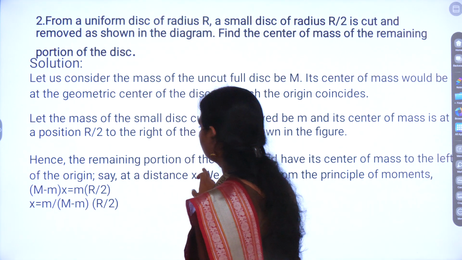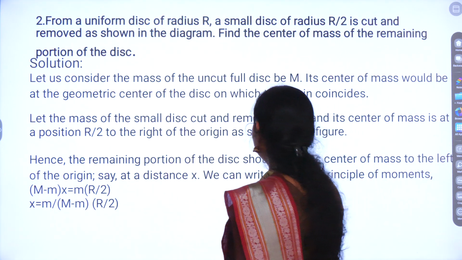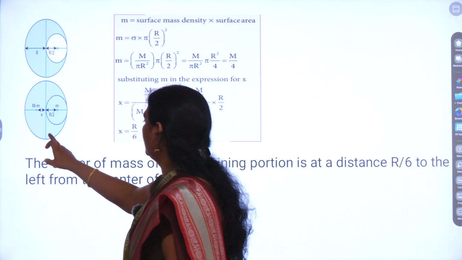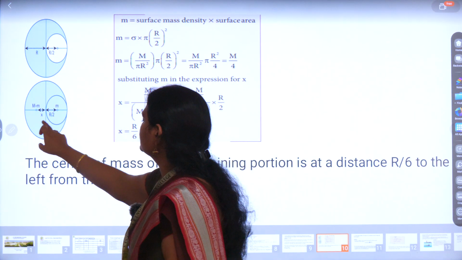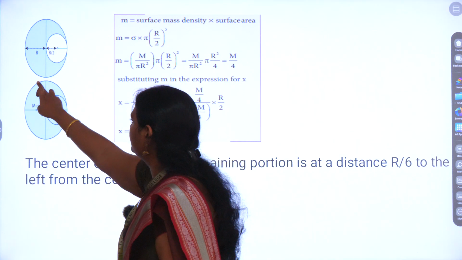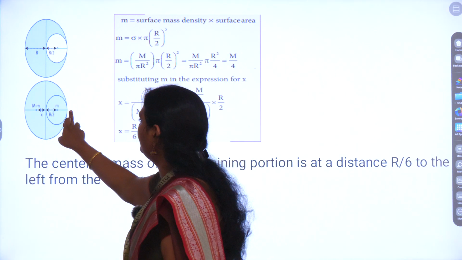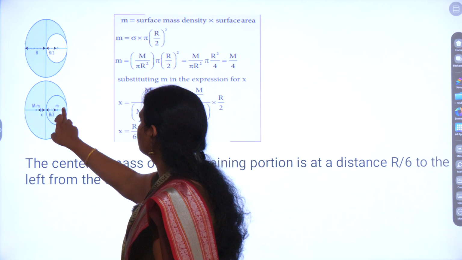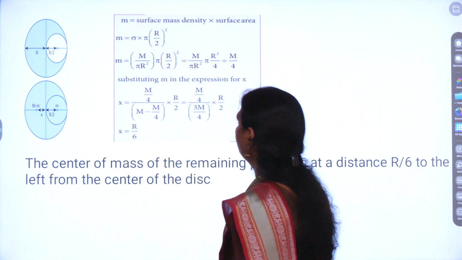Now, how will you calculate using the principle of moments? (M minus m) into x is equal to m into R by 2. So the mass of this object is the total mass minus the cut portion. And here, it is the mass of the small disc into the distance R by 2.